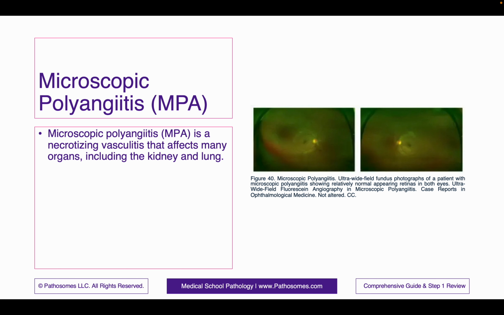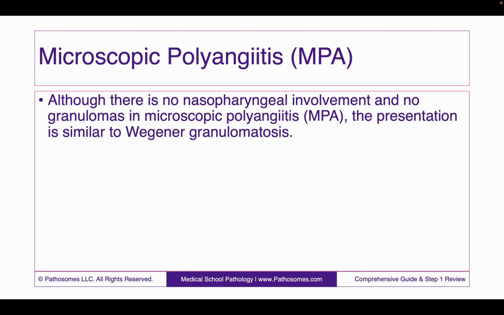Let's talk about microscopic polyangiitis. With microscopic polyangiitis, you will see a necrotizing vasculitis that affects mainly organs, including the kidney and lung. Although there is no nasopharyngeal involvement and no granulomas in microscopic polyangiitis, the presentation is similar to Wegener's granulomatosis.